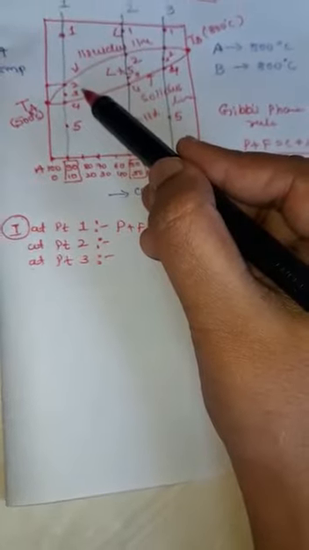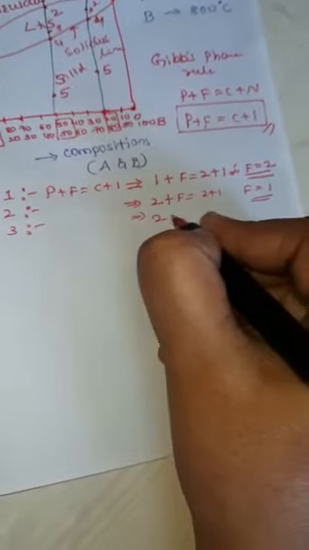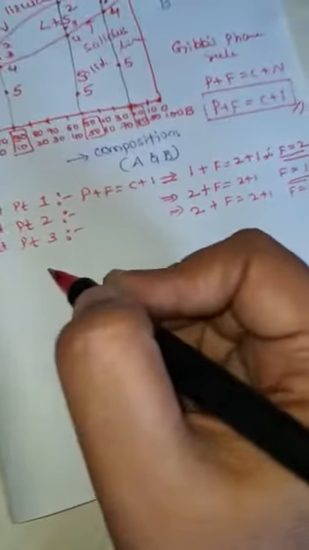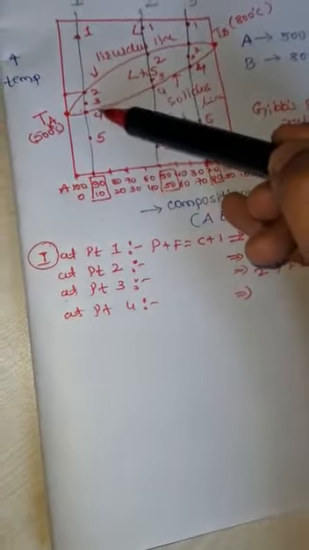Similarly, at point 3, at this point both liquid and solid are present. So P is equal to 2, and 2 plus F is equal to 2 plus 1. Again F is equal to 1. At point 4, this point is common for this region and also this region.